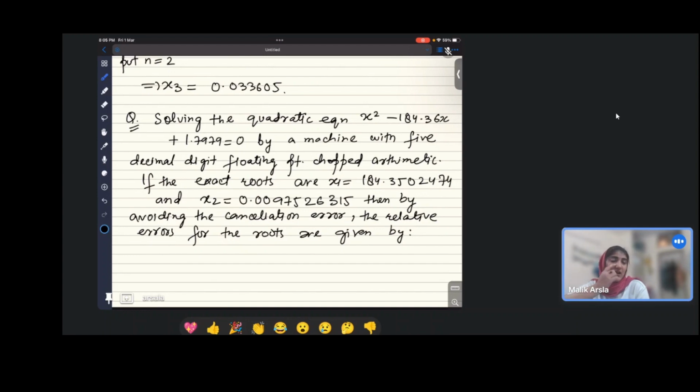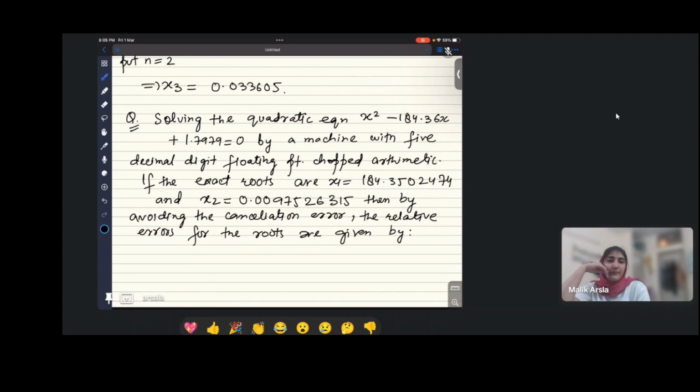What does that mean? Again, beta equal to 10, t equal to 5, and you have to use chopped representation. Now from that machine you are calculating the roots, and you have been given the exact roots, and the question is telling that if you are avoiding the cancellation error, then what are the relative errors in the roots? So how will you do it?